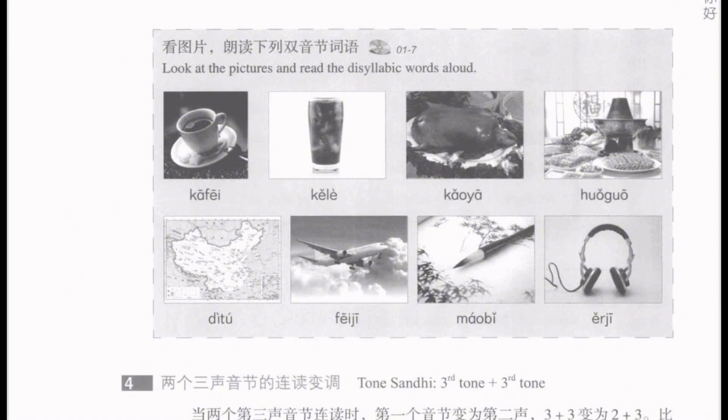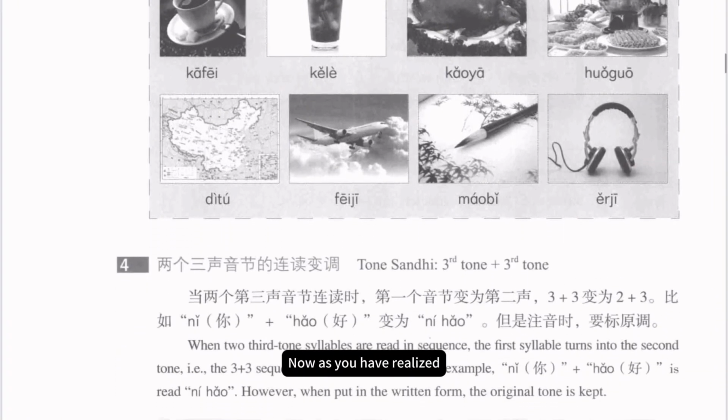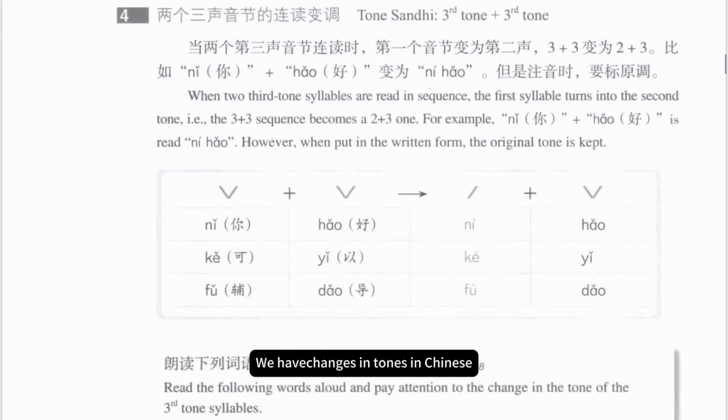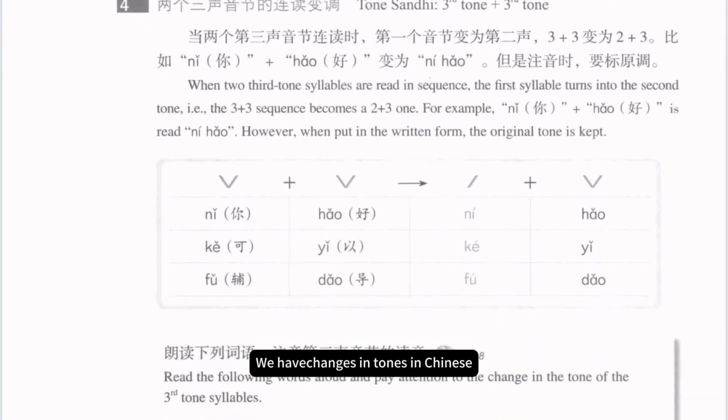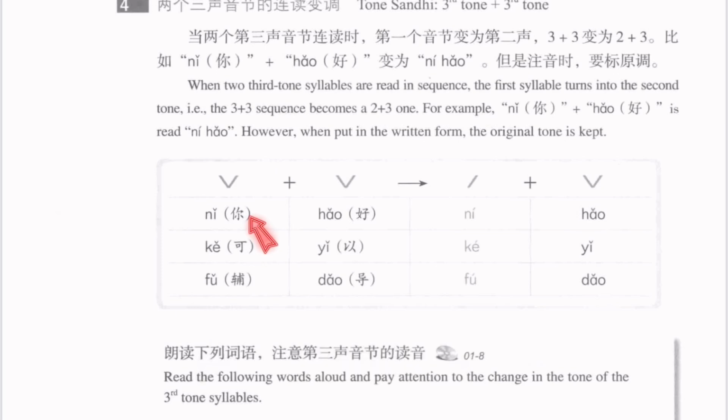Okay. 耳机, 耳机. Very good. Now, as you have realized, we have changes in tones in Chinese. For example, we did not pronounce ni, hao. That would be too constraining. Imagine having to greet somebody, and the first word you have to say is 你好.